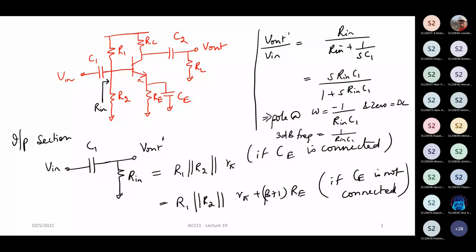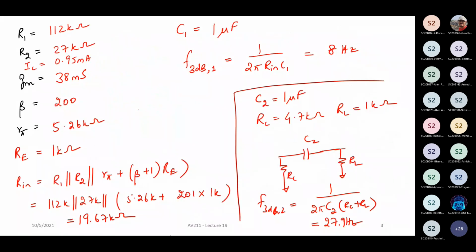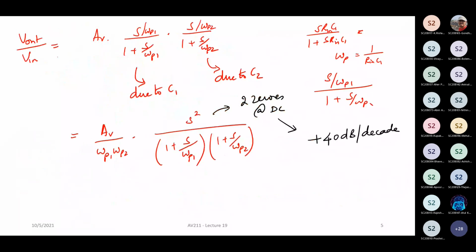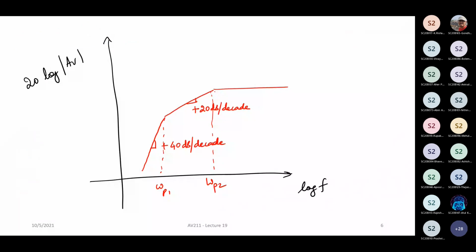And so you'll get one more zero and pole combination. Okay. You'll have S cube and three zeros. You will see that in the textbook. Now, this is how your plot should kind of look like. So in this case, it's around 8 hertz. And in this case, it is around 27 hertz or 28 hertz.